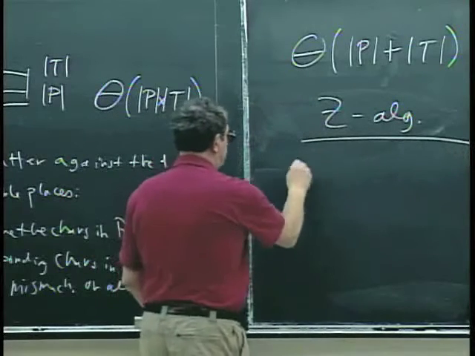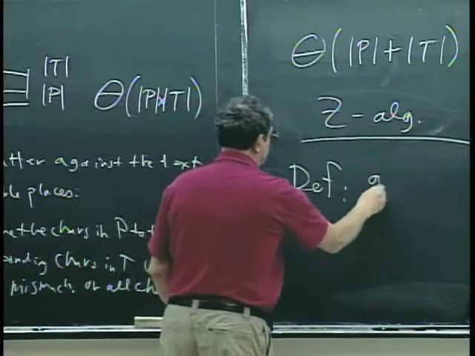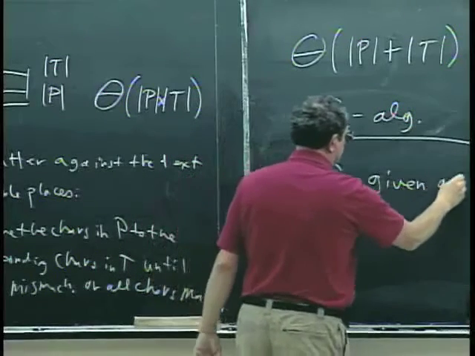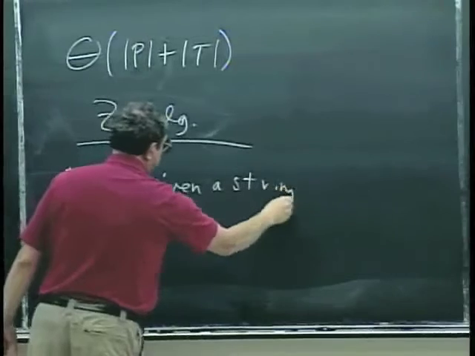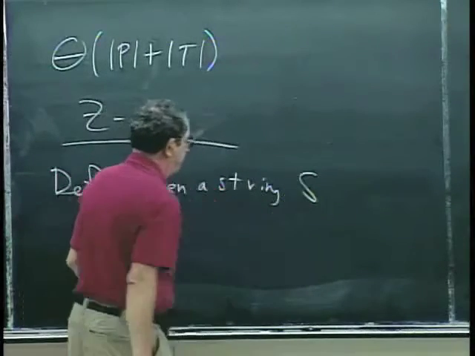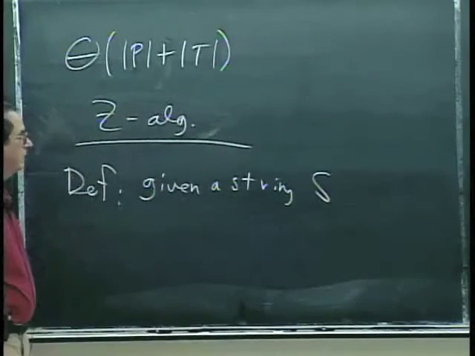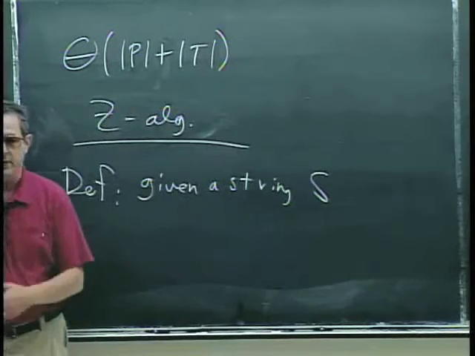So this is a definition. Given a string S, so S is just going to be a generic string. At the moment, I won't tell you whether it's the pattern or the text.